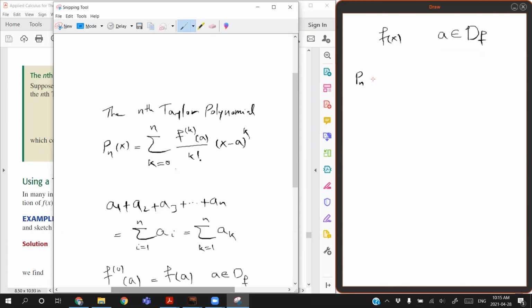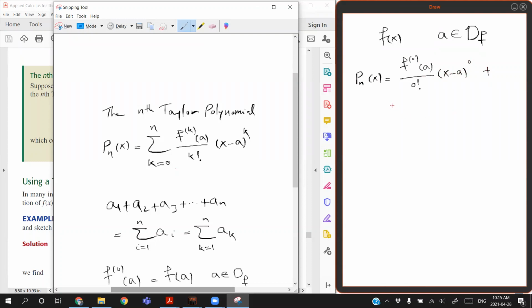So Pn of x. So first of all, k is going to be 0. So you get f of 0 at a over 0 factorial times (x minus a) to the power of 0 plus.